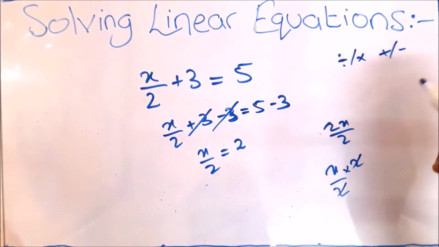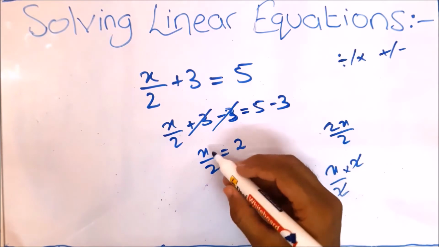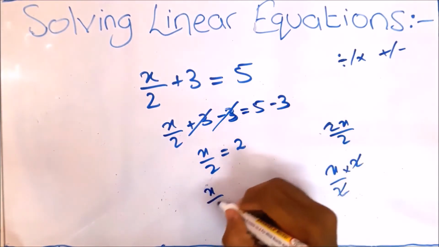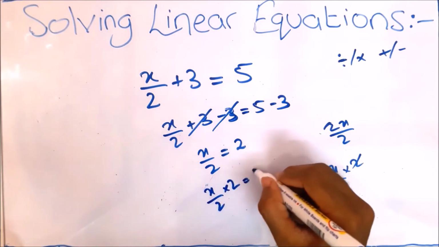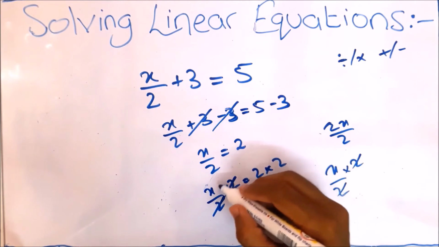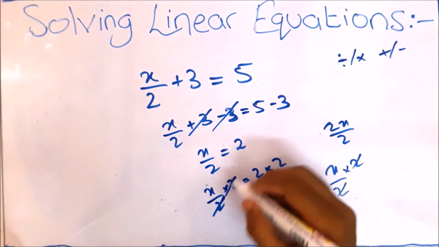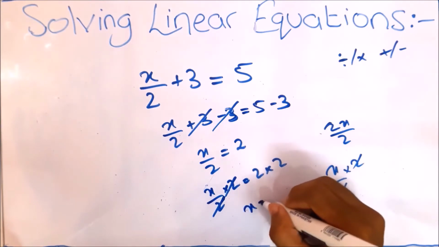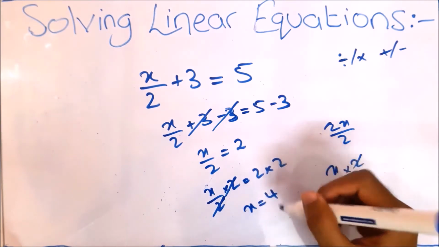You have to keep that in mind. So here we'll multiply 2 on both sides. x over 2 multiplied by 2 is equal to 2 multiplied by 2, and the left side actually becomes x times 1. 2 times 2 is 4. So x is equal to 4.